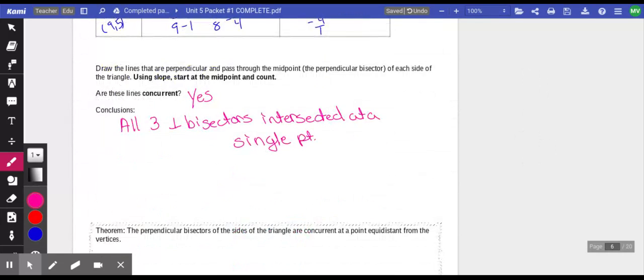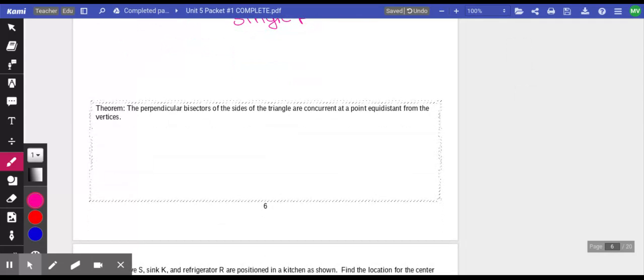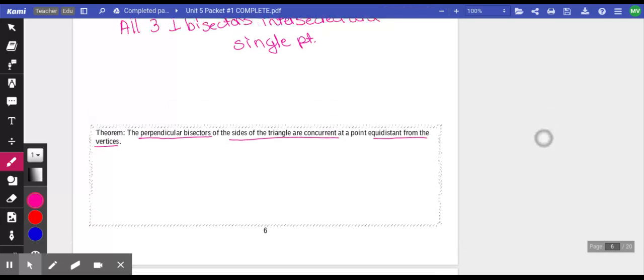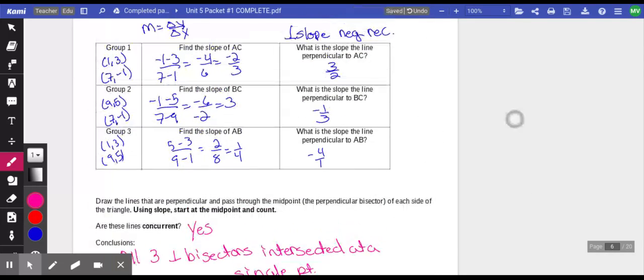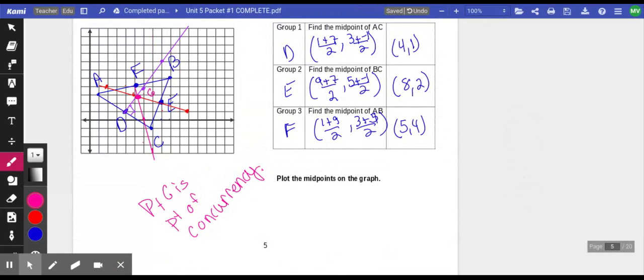Now, a conclusion. This is an important conclusion. Perpendicular bisectors of the sides of a triangle are concurrent at a point equidistant from the vertices. So, if we go back up and look at our triangle that we graphed, point G, if I were to draw, let's make them black so they stand out, the line from B to G, from C to G, and A to G, all 3 of those lines are equidistant.